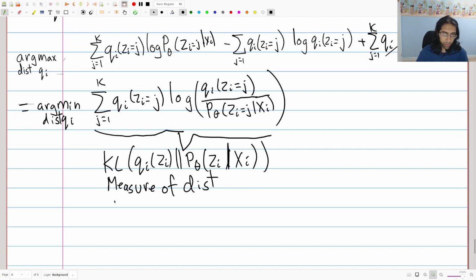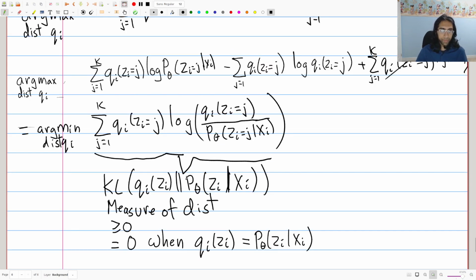Importantly, it's non-negative, greater than or equal to 0. And in particular, it's equal to 0 if and only if qi equals p theta of ci given xi.